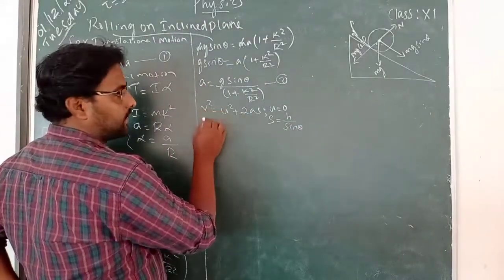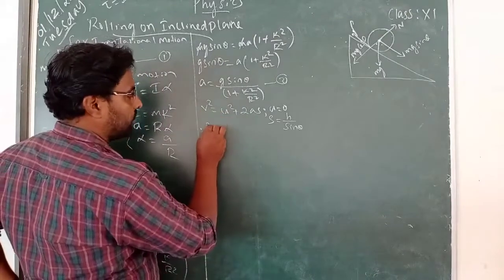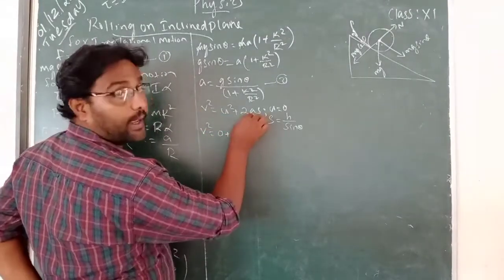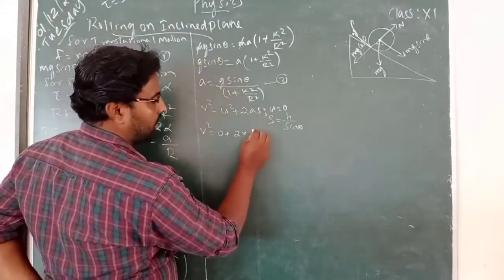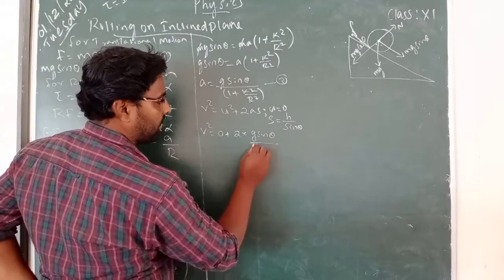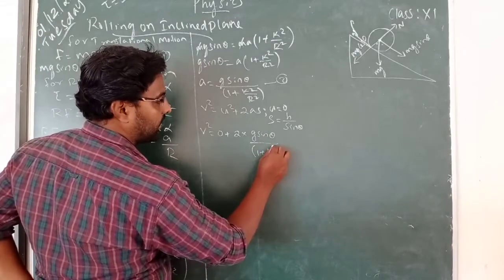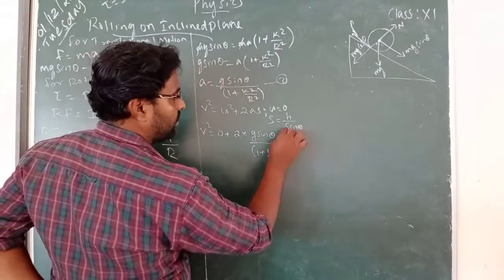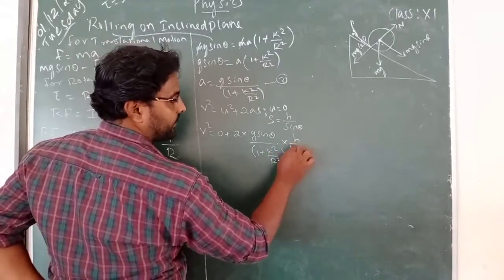Now apply the formula: v square is equal to 0 plus 2 into a, where a is g sin theta by (1 plus k square by r square), into h by sin theta.